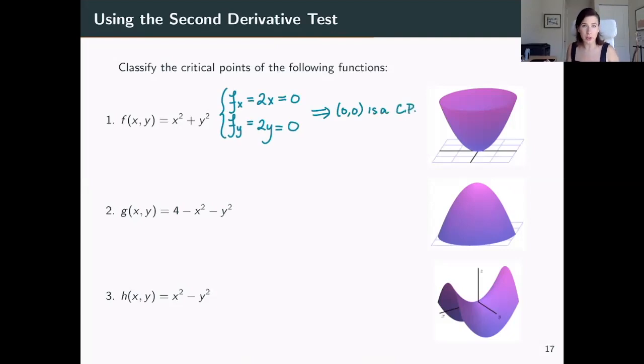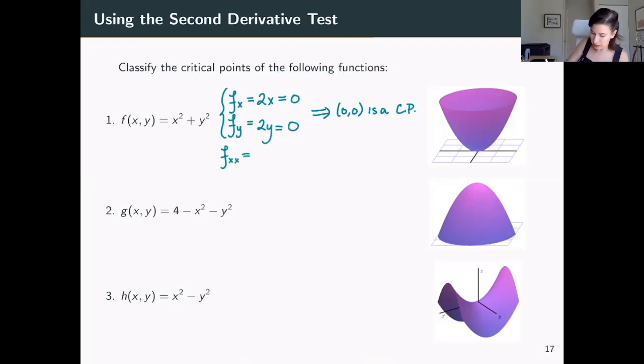So we have a critical point, and now we need to determine, using the second derivative test, whether this point results in a local min or a local max, or neither. Here, we need to figure out what fxx is.